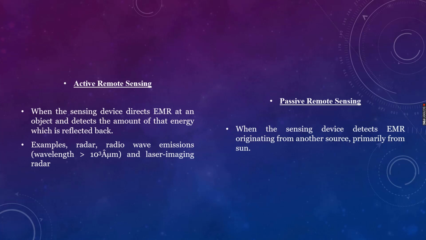Whereas in passive remote sensing, the sensor always needs an external source of illumination or external source of energy to capture the characteristics of a feature, object or phenomenon. We can understand this with the help of a very simple example.